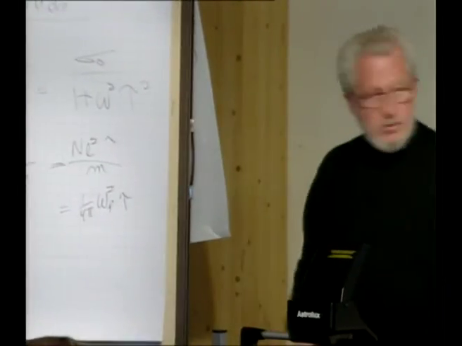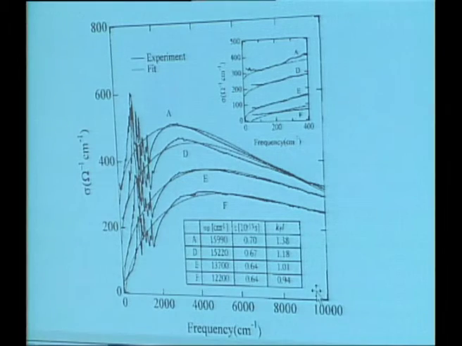That's a Lorentzian. Okay, it falls off like 1 over omega squared tau squared. So on a picture like this, you'd expect a Lorentzian to kind of look like that, right? Starts off at some constant value and drops down like 1 over omega squared tau squared.